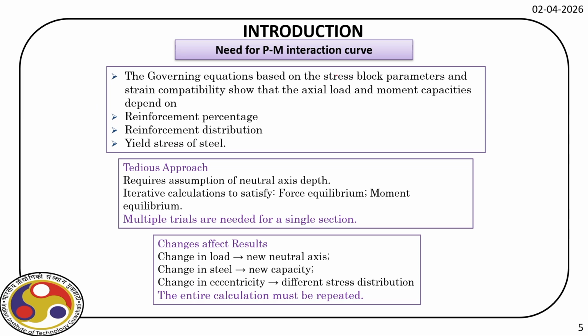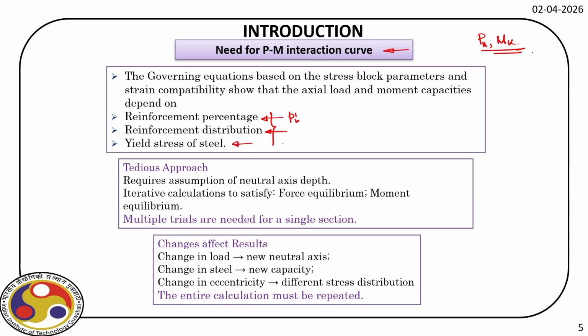And we also discussed the PM interaction curve, right? So for a given section, the axial capacity and moment capacity, we can develop this interaction curve. The governing equations based on stress block parameters and strain compatibility show that the axial load and moment capacities depend on three things: reinforcement percentage, that is Pi we discussed, distribution of reinforcement over the cross section, and the yield stress of steel, right?